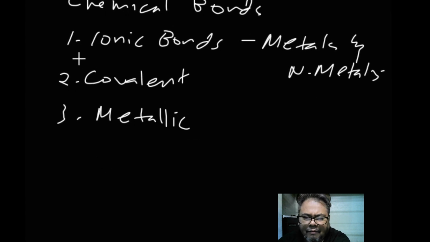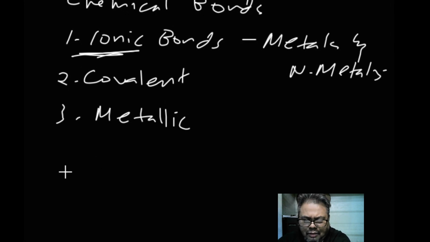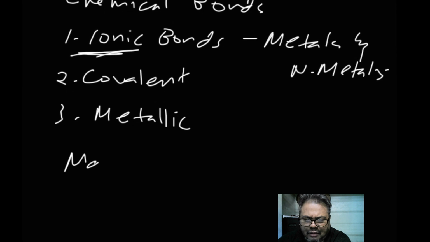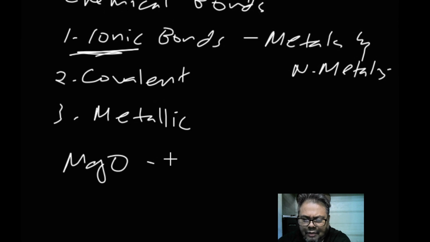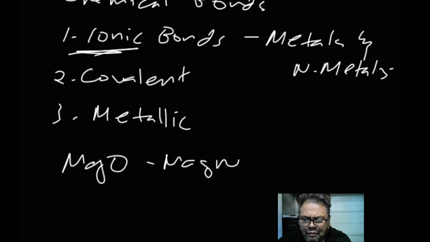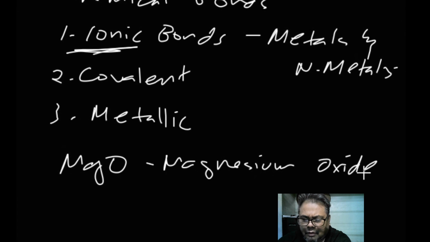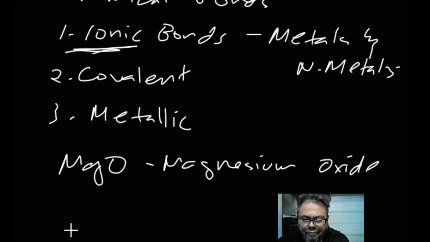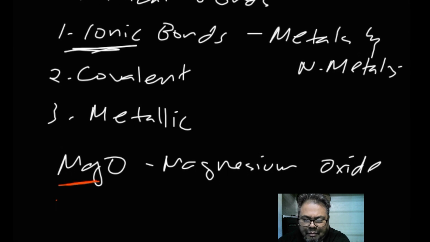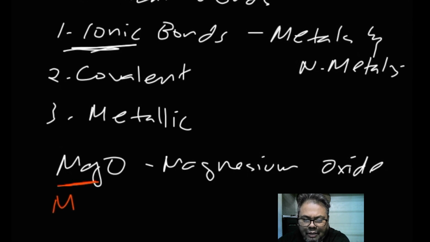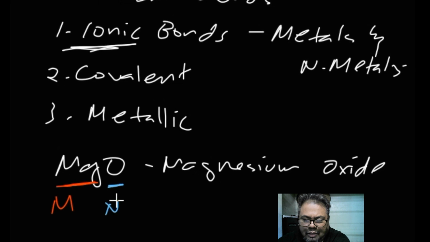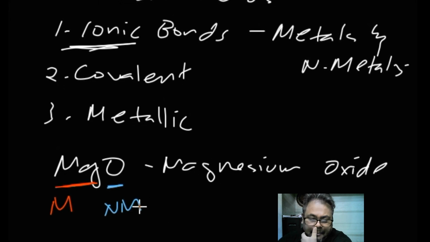Let us have an example of ionic bonds. Let's say we have magnesium oxide. Let me write it down first. Magnesium oxide. Magnesium is a metal element, whereas oxygen is a non-metal element.